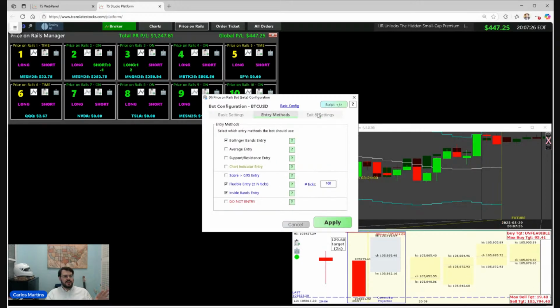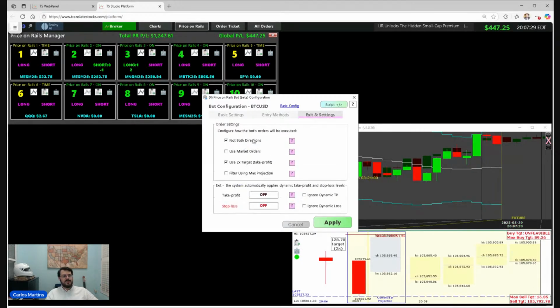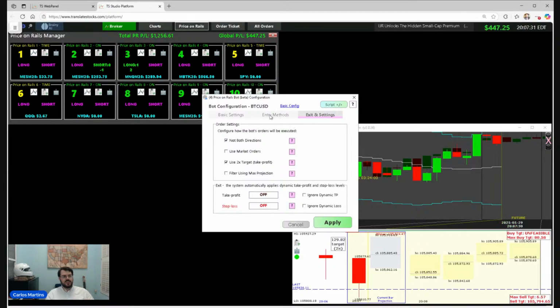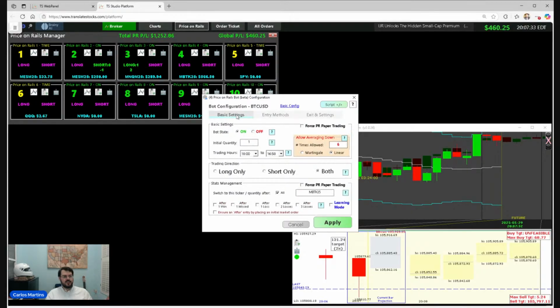We have other tabs here, but by default they have these configurations. You don't need to change anything here. The only thing that you need to change is the linear averaging downs and the trading hours that you want to trade.